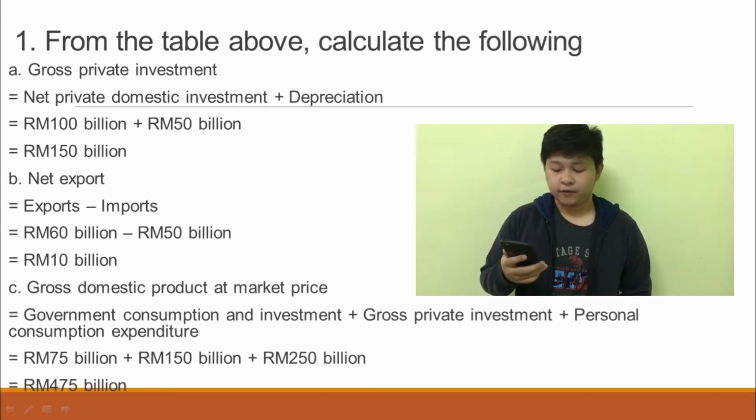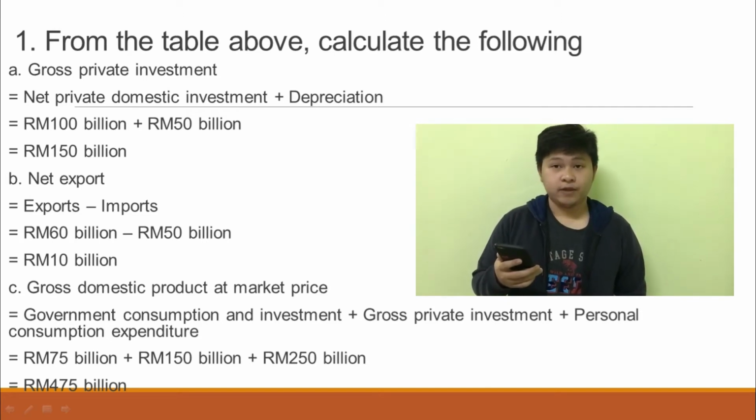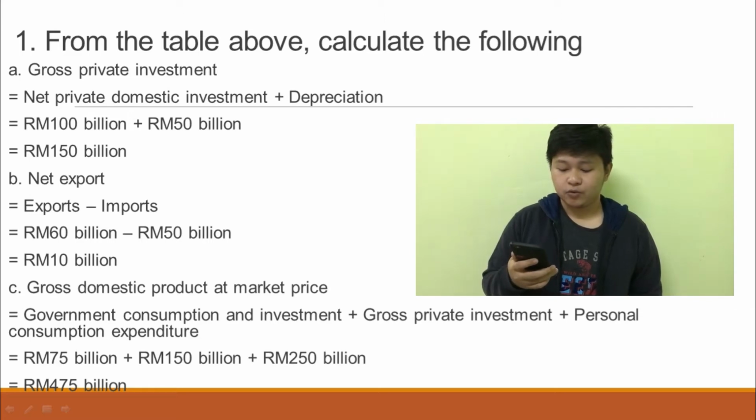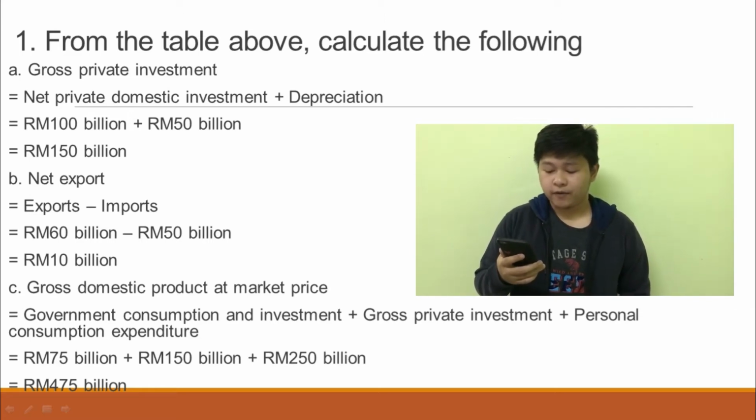Government consumption is 75 billion ringgit, gross private investment 150 billion ringgit, and personal consumption expenditure is RM250 billion ringgit. So the total amount and the final answer is 475 billion ringgit.